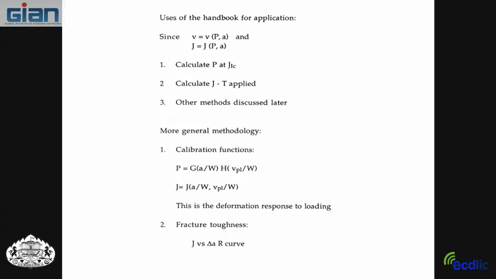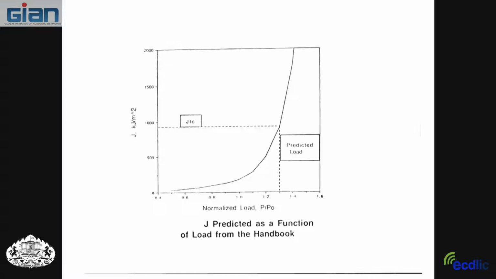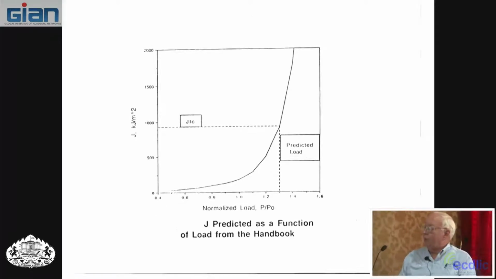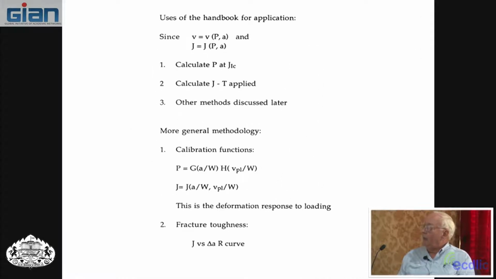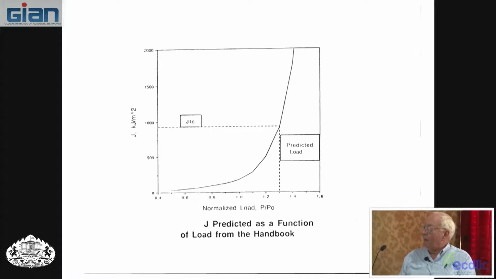The way then is to calculate the load at J1C is one of the things you can do. And there's another way that people use J versus T, but I think I won't talk about that. I want to talk about J. So here is J versus load. Now the load is normalized, I don't say that on there, with a kind of a limit load.